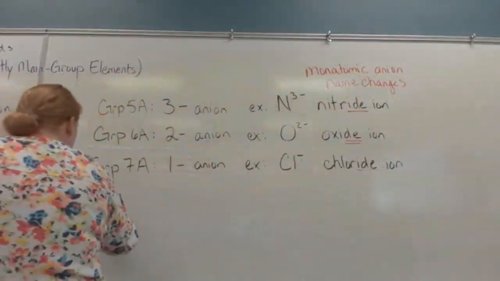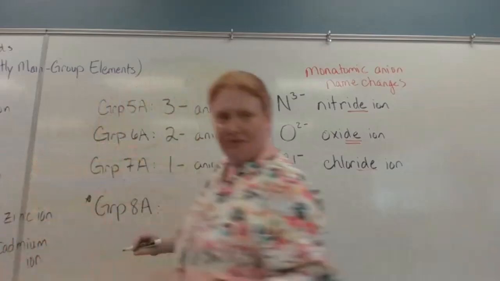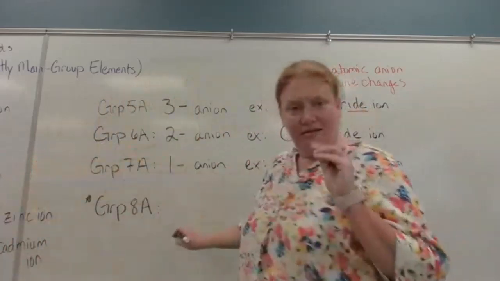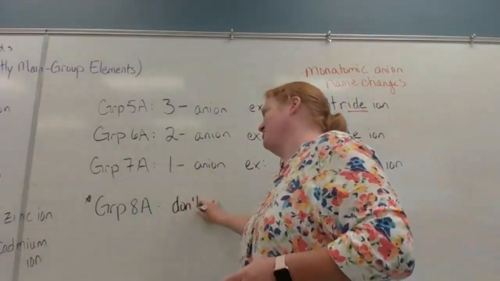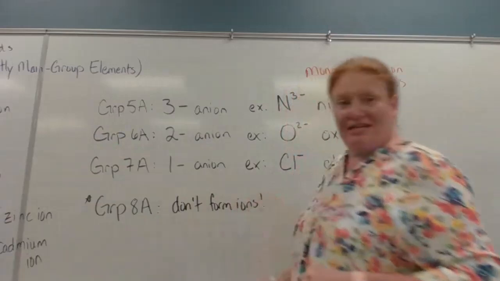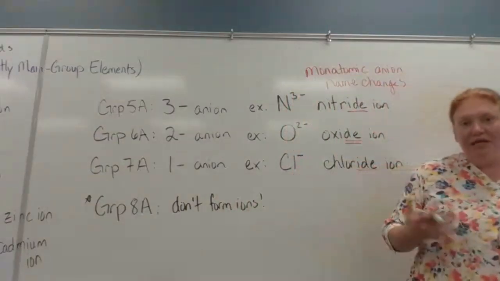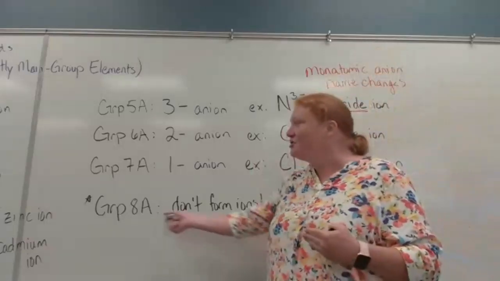And just to be clear, what about those group 8A? Those noble gases. These elements don't form ions, period. They do not join up in compounds with metals. They don't do it.